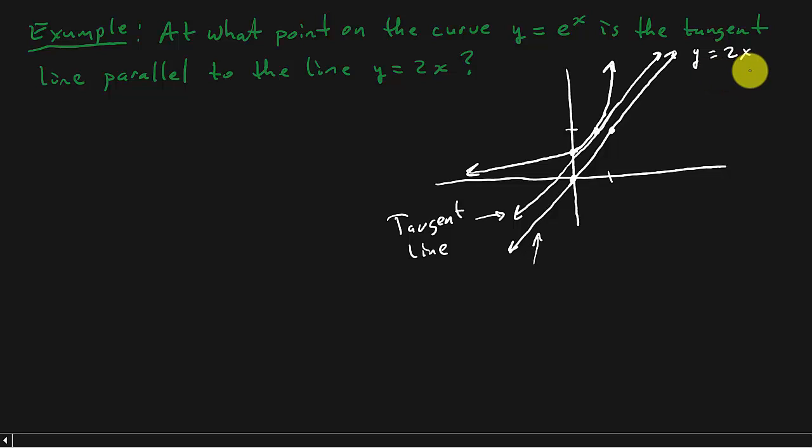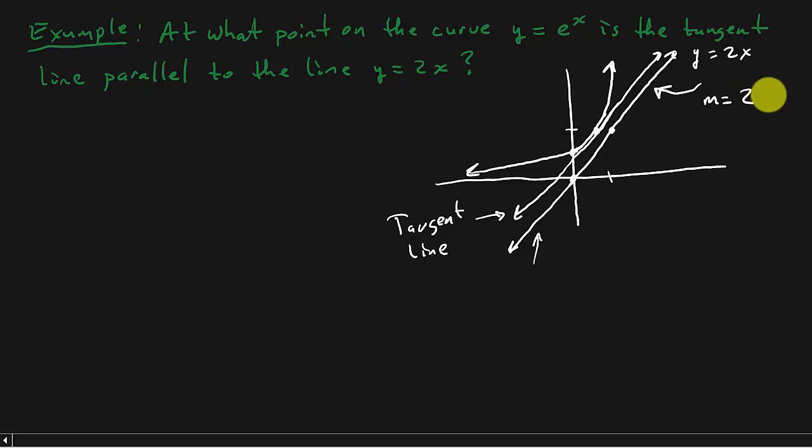So what does it mean when it says that the lines are parallel? Remember, we talked about this earlier with perpendicular lines. If two lines are perpendicular, their slopes are negative reciprocals of each other. Well, if two lines are parallel, then their slopes are the same, right? So what's the slope of this line?